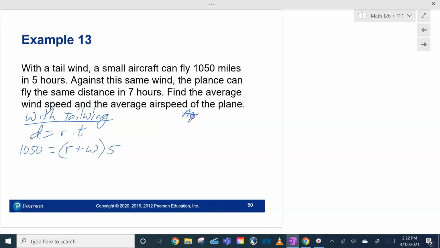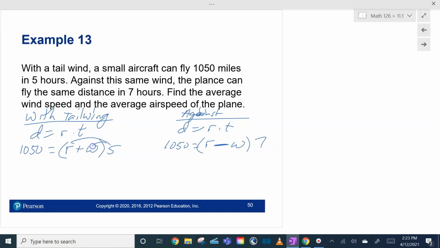Now against the wind, distance equals rate times time. You still go 1,050 miles, but you're fighting against the wind there, and it takes you longer. It takes you 7 hours.